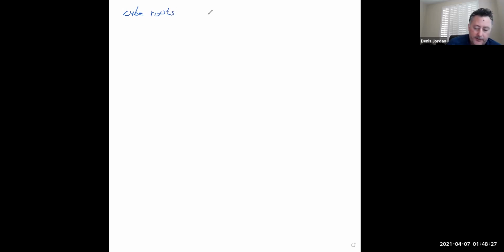Get the cube roots of -4 plus 4i root 3, and we're going to leave it in polar form.